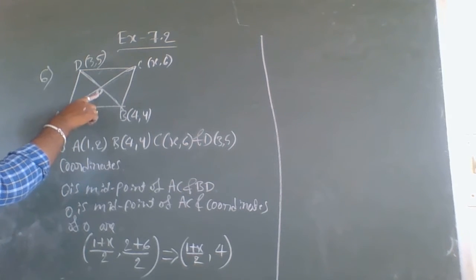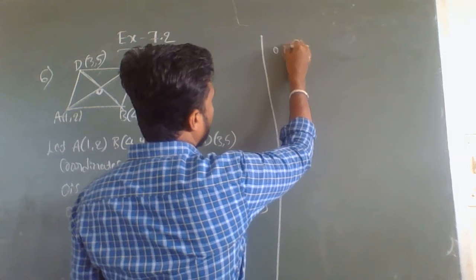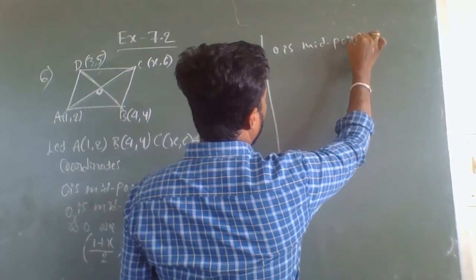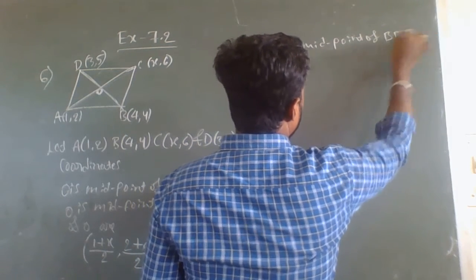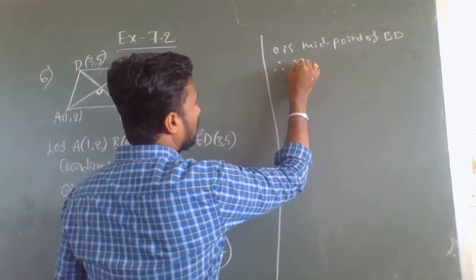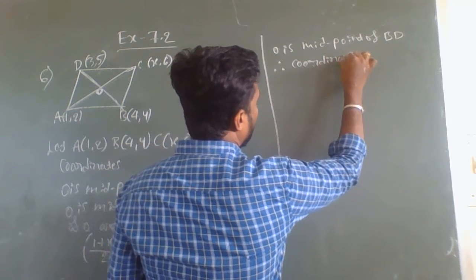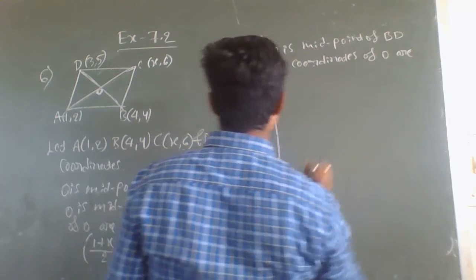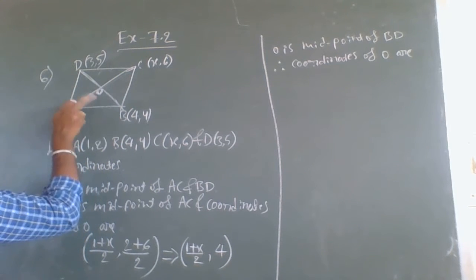Now again what we can write? This O is midpoint of BD also. So O is midpoint of BD. Therefore, coordinates of O are, how you can write here? We should consider BD and this O is midpoint.